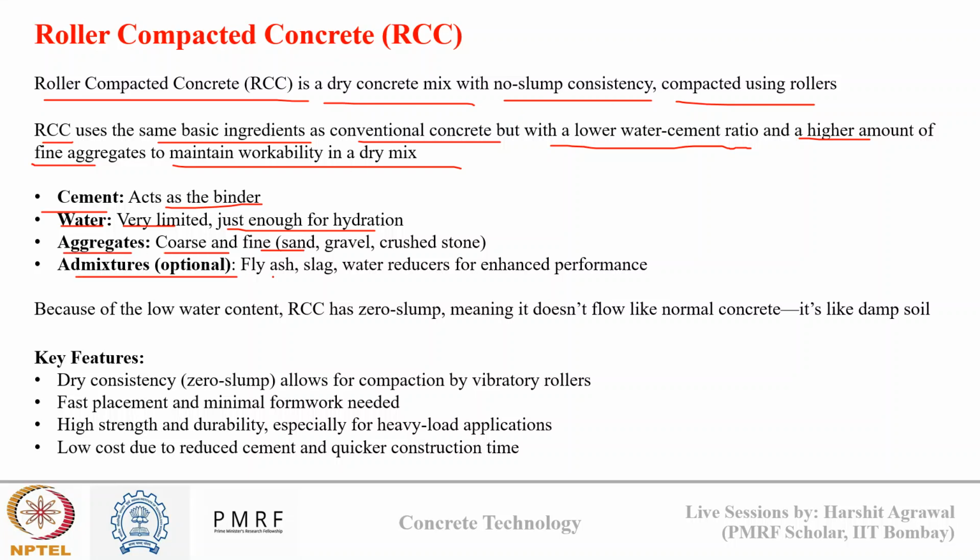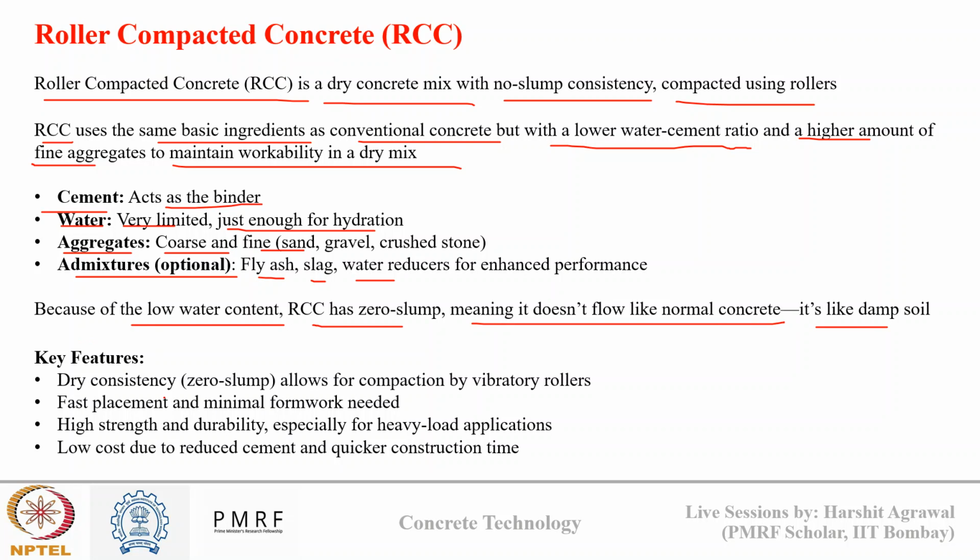Generally we don't use any chemical admixtures like SP. However, mineral admixtures like fly ash, slag, or some normal range water reducers can be used to enhance performance. Since this concrete has lower water content, it has almost zero slump, meaning that it doesn't flow like a normal concrete. It is like damp soil.